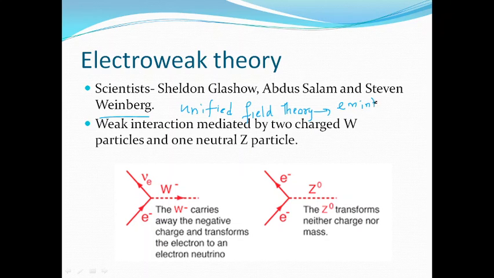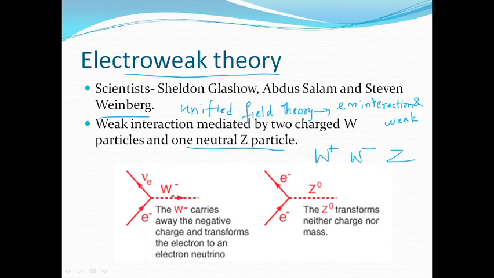EM interaction and the weak interaction can be combined under the unified field theory, or electroweak theory. According to this theory, weak interaction is mediated by two charged W particles and one neutral Z particle. So three particles, W plus, W minus and Z, are involved in the weak interaction process. That is what is proposed under the electroweak theory.